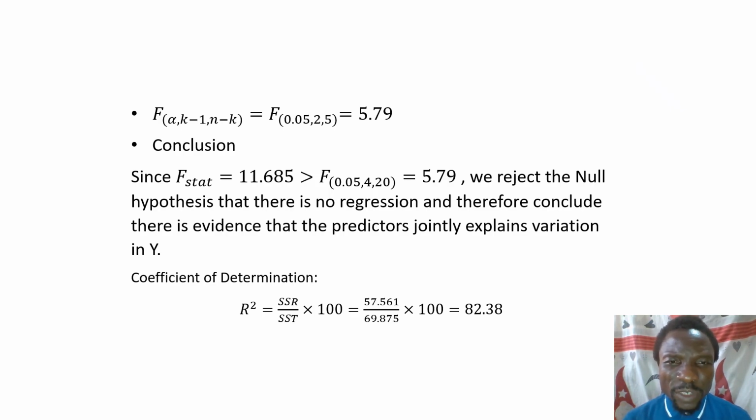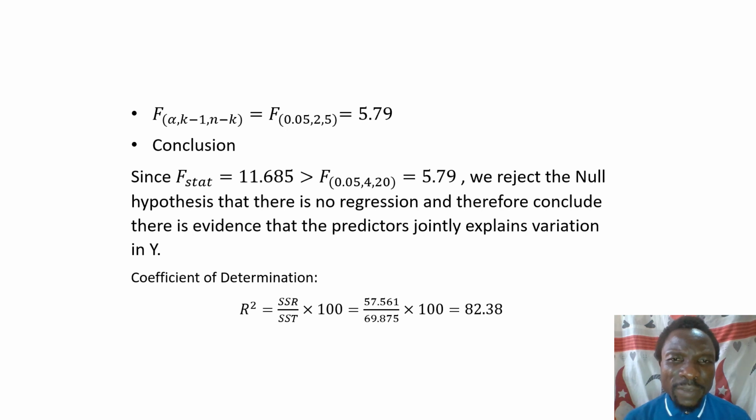Once we obtain our F ratio from the ANOVA table, the next thing would be to obtain our F table value. Go to the table of the F distribution and check F at the 0.05 level of significance, with 2 and 5 degrees of freedom respectively. The value gives us 5.79.